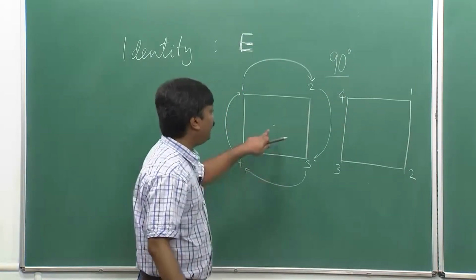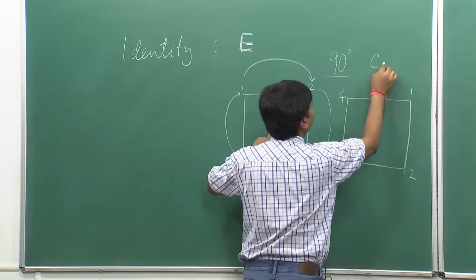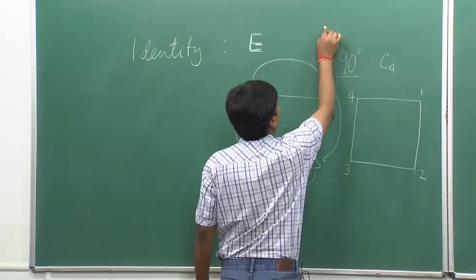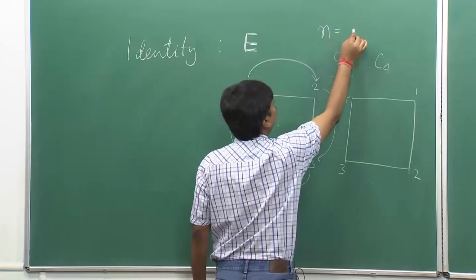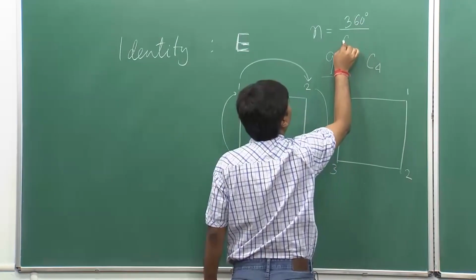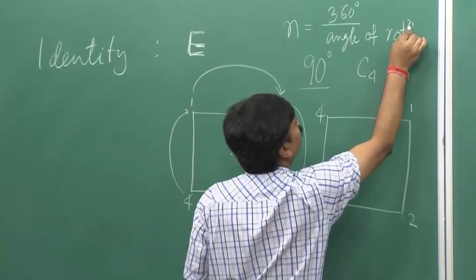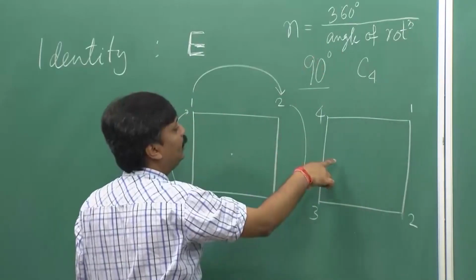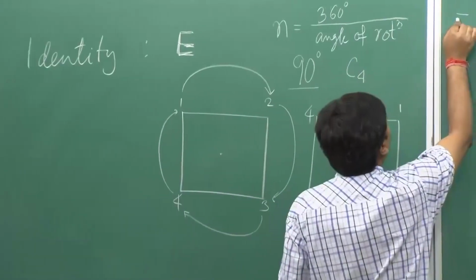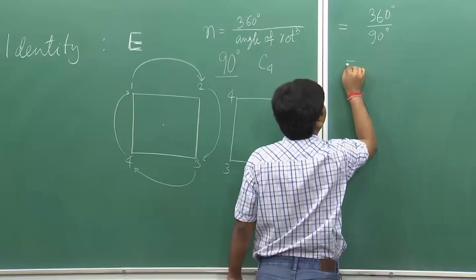Okay. So this axis, this Cn here, is known as C4, and 4 comes from this relation where n is equal to 360 degrees by the angle of rotation, right. So here this rotation is about 90 degrees, so the angle will be 360 degrees by 90 degrees equals 4.